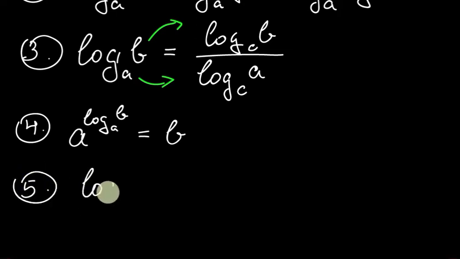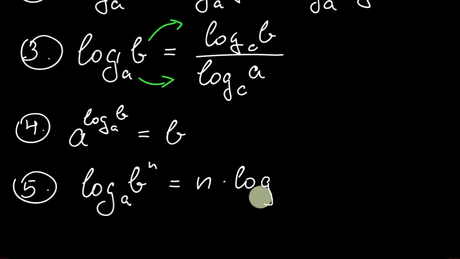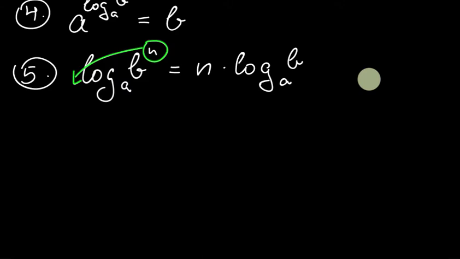Log base a of b to the power of n is equal to n times log base a of b. So we are simply moving this n here. A very similar property is our last one.